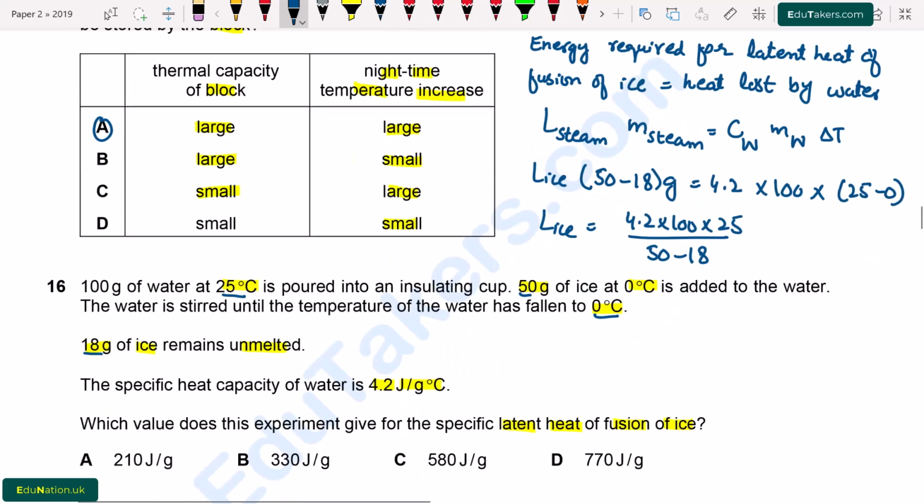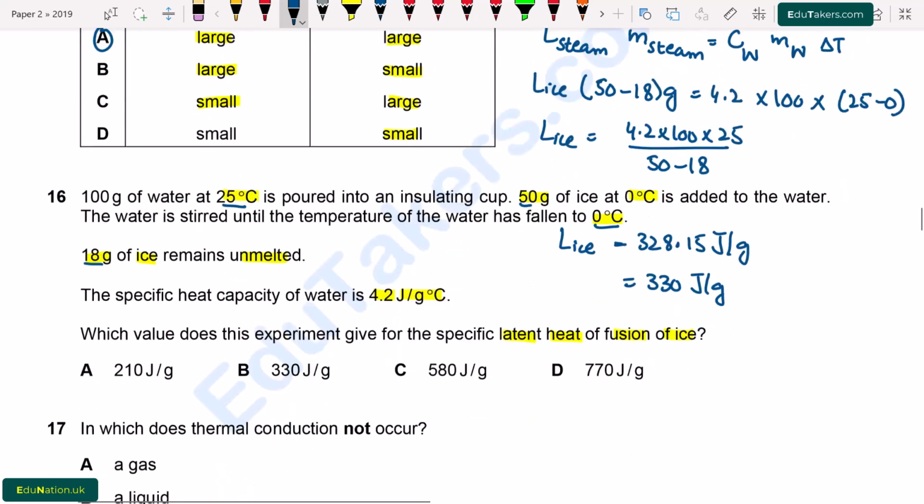So the value of the specific latent heat of fusion of ice will be equal to 328.15 joule per gram and it is also equal to 330 joule per gram.